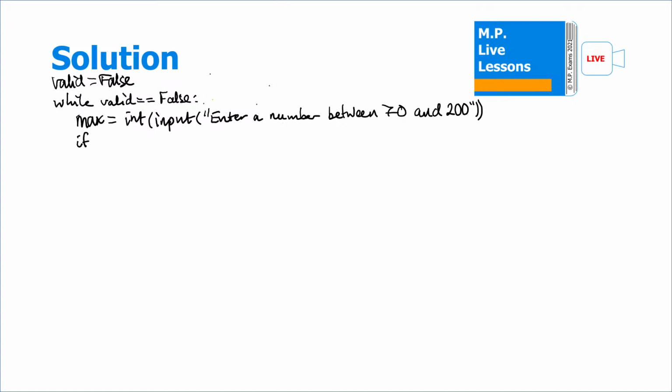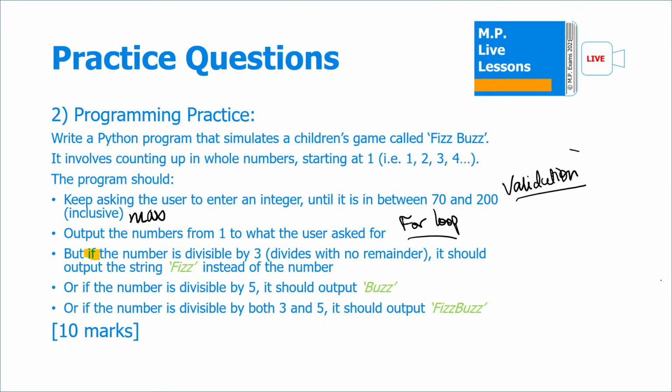So if the variable max is greater than or equal to 70 and it's also less than or equal to 200, so it's valid now. And that's it for the validation, and then we're going to look at these bits here.